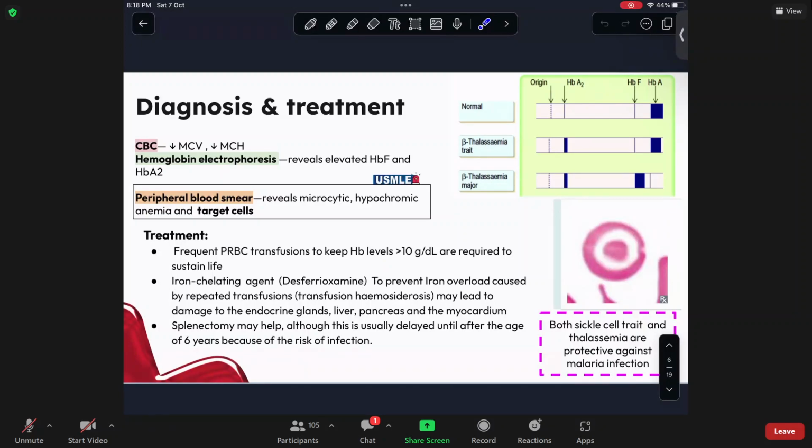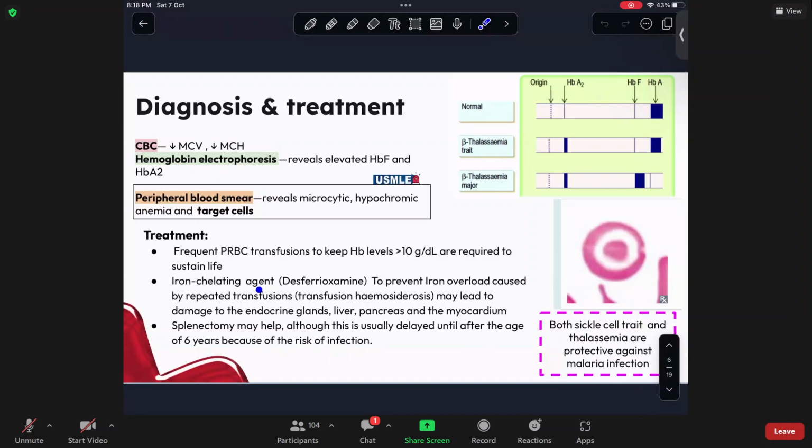But if you are doing frequent RBC transfusions, then the patient has a risk of iron overload, because if you give 1 or 2 bags of RBCs, you are giving the patient iron equal to 1 to 2 years of iron intake. So the patient can have complications.